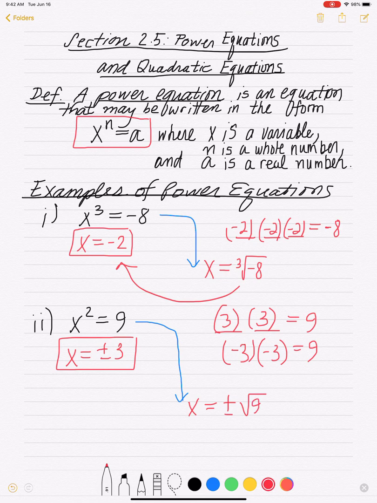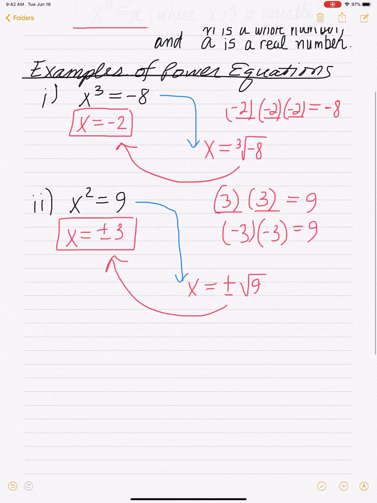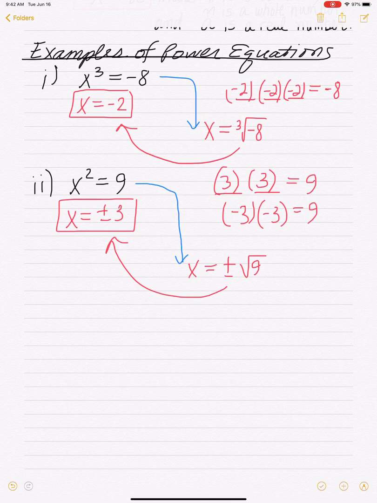So we got plus or minus the square root of 9, so that's plus or minus 3. Okay. So notice the power here is even, and the number on the right side, the 9, is a positive number. So x to a power equals a number is a power equation. One more.